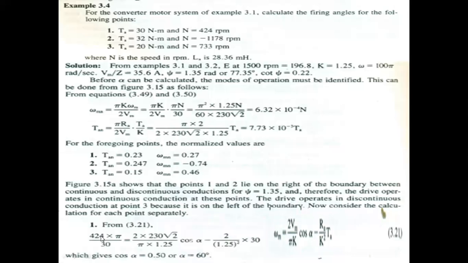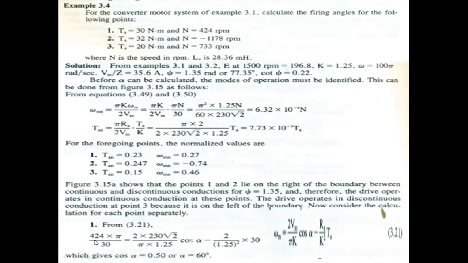So 2 into Vm, Vm is 230 root 2, by pi into k, 1.25, cos alpha minus 2 by 1.25 whole square into 30 TA.